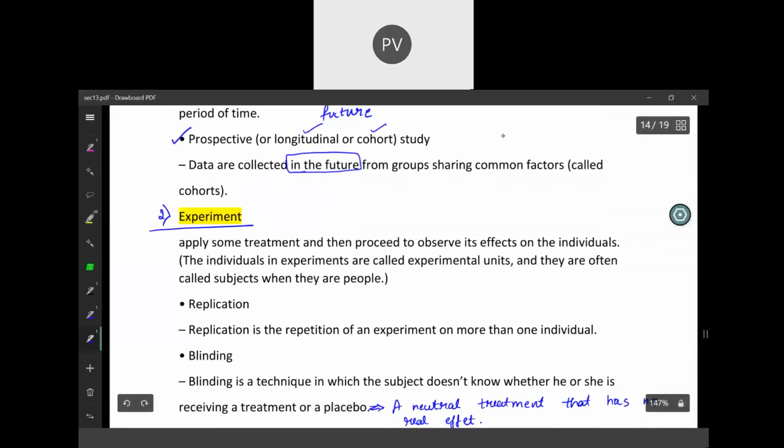Second method is the experiment. In experiment study, as I said, we apply some treatment on individuals and then we record the behavior. So that is called experiment study.